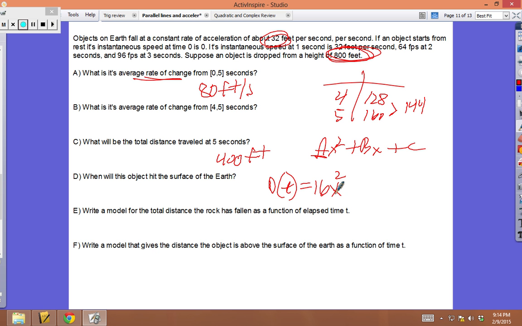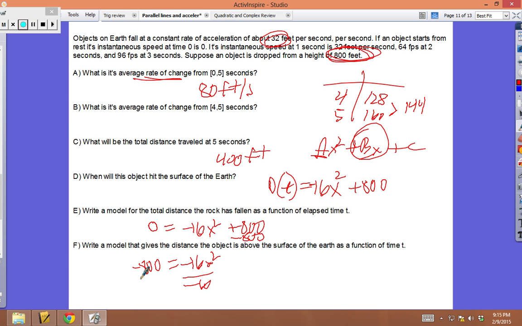So if I want to know when it's going to hit the Earth, I'm just going to do 800, subtract the total distance, and I want to know when it hits 0. So negative 16x squared plus 800. And again, I'm missing the bx, so I'm just going to do inverse operations. I'm going to minus 800, minus 800. So I got negative 800 equals negative 16x squared, divide by negative 16, divide by negative 16.